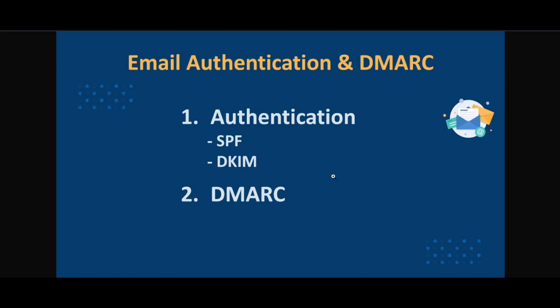This is going to be true for third-party providers like MailChimp or other third parties. And if you have a Google Workspace account or a Microsoft Outlook account, you're going to want all of those email channels authenticated and aligned with your DMARC, and have a DMARC policy they align with.